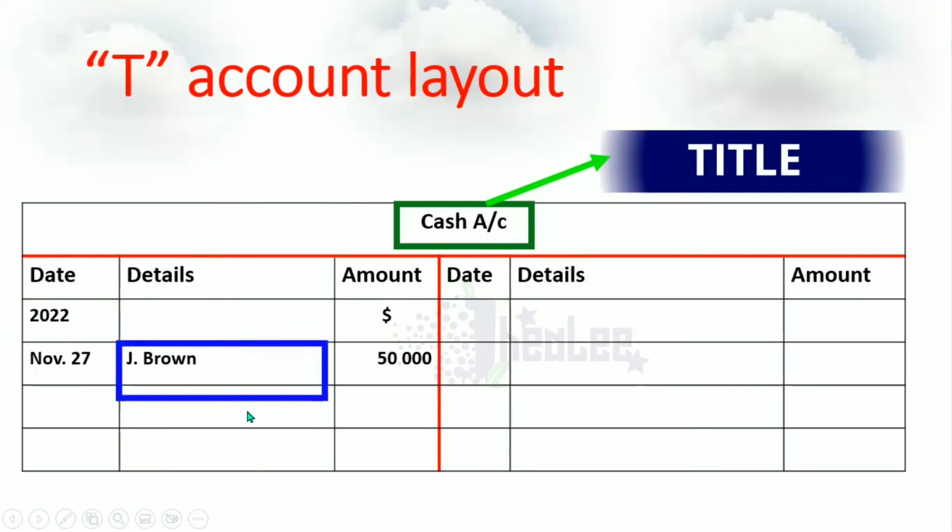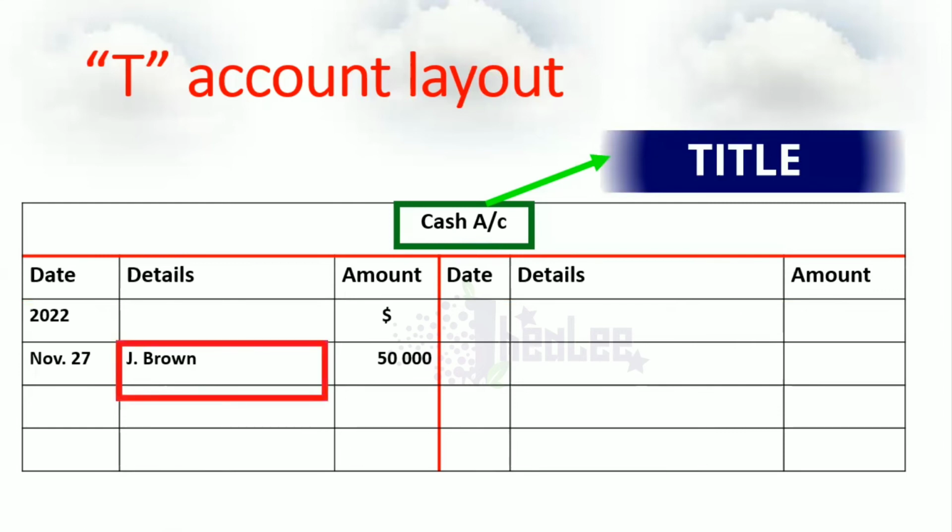So your details basically is a cross-reference to the transaction. It actually tells you the other item that is affected. So from this that we're seeing is that we're in the cash account, but we're seeing J Brown as the details. It simply means that the two items affected by that transaction are cash and J Brown. So J Brown that you're seeing right here indicates the other item that is affected.